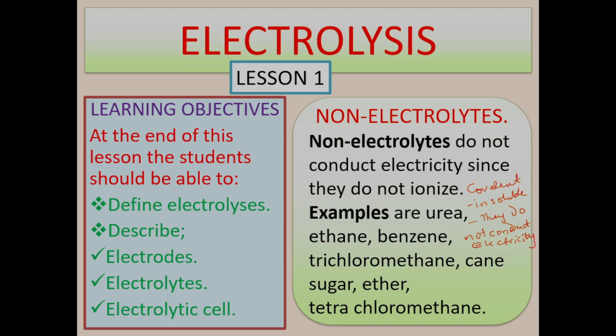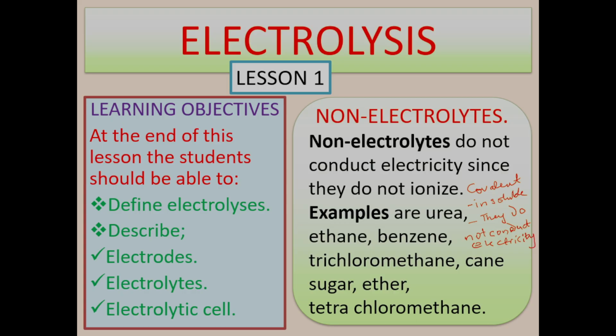They can only conduct electricity in their aqueous or molten state. And I've told you the examples are acids, alkalis, and salts. Now, coming down to non-electrolytes, we have covalent compounds such as hydrocarbons, which is ethane, methane, up to decane, and the others.